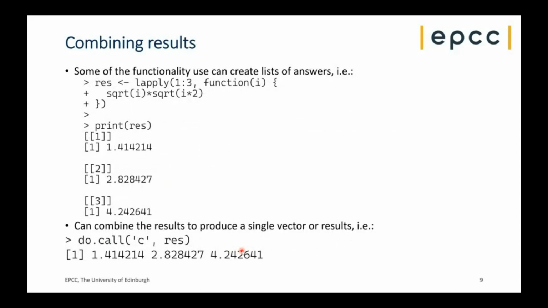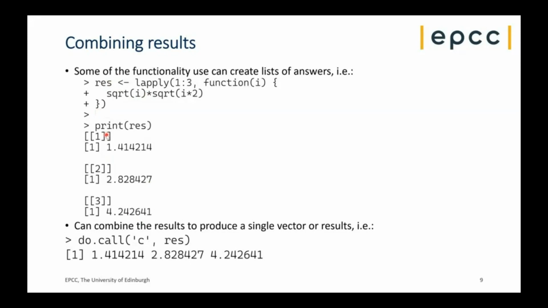Now, of course, there are different ways of combining data together. So we can create a list of answers. An example here is we're going to do an lapply of a function which does a square root of 2 numbers times together. And when we run that, that will actually produce a list of answers, so a list of lists of answers. And so that means we may have to do some processing of our results after this to strip out the data into a single vector of results.